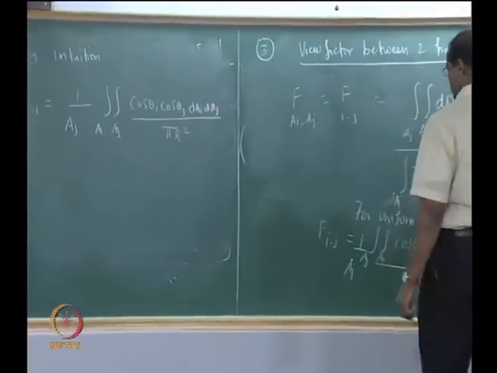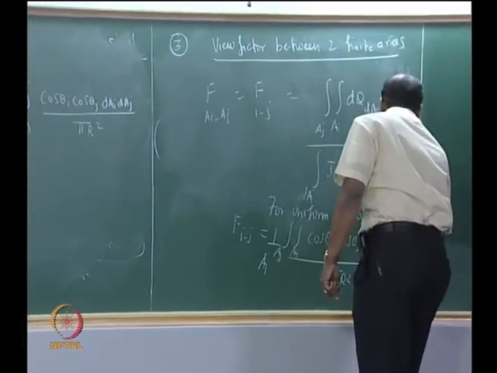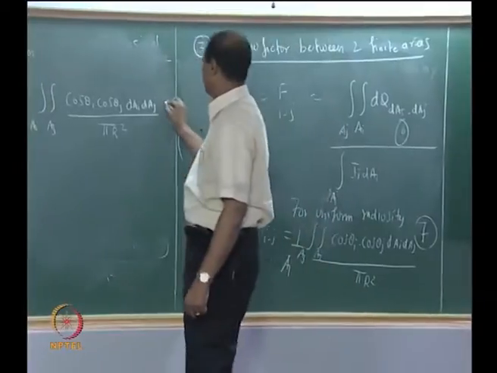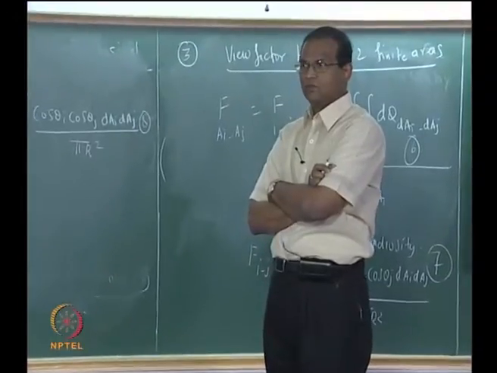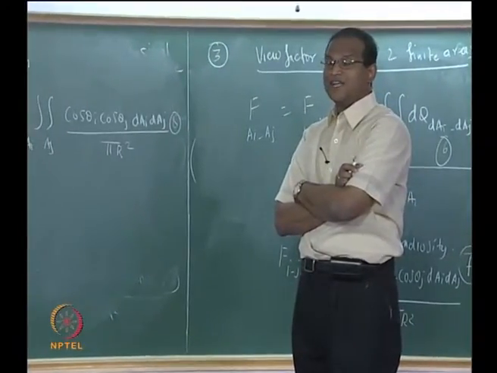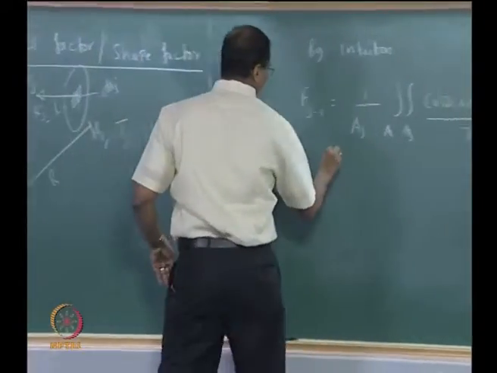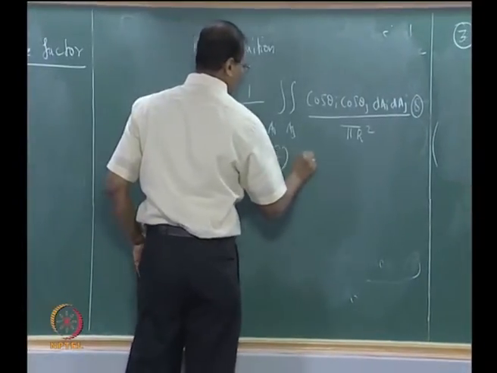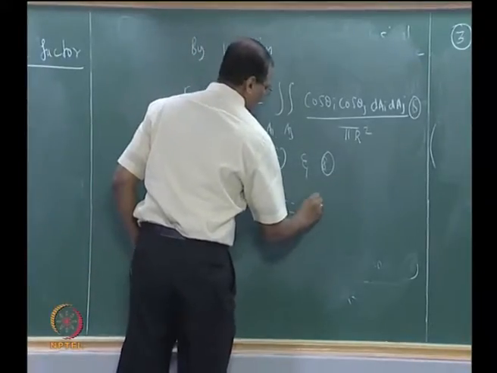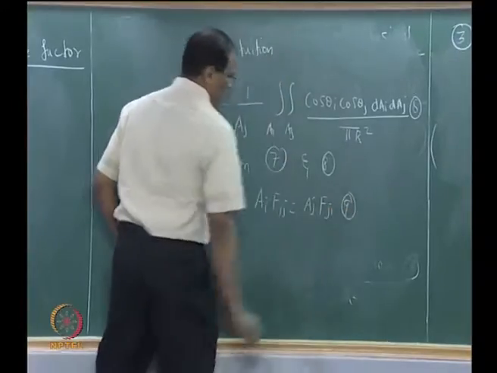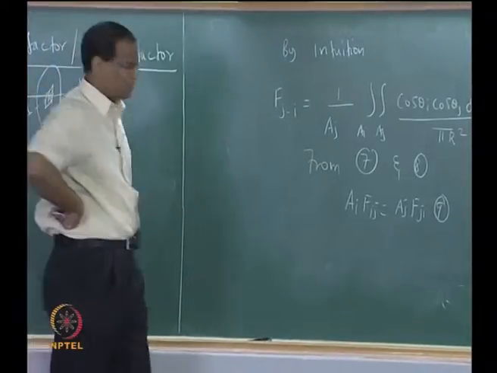What was this number? 6, 7. By looking at 7 and 8, what can you say? Ai Fij equals Aj Fji. This is what is called the reciprocal rule or reciprocity relation, okay.